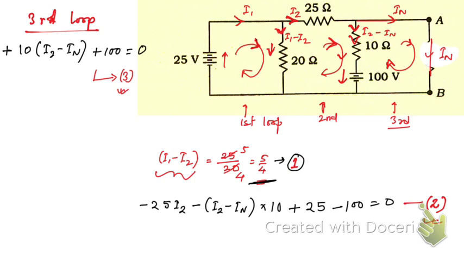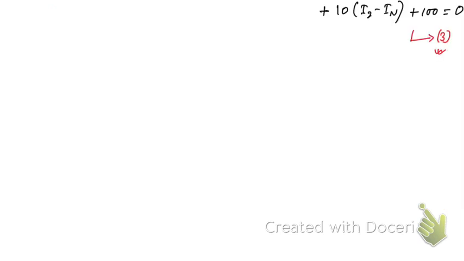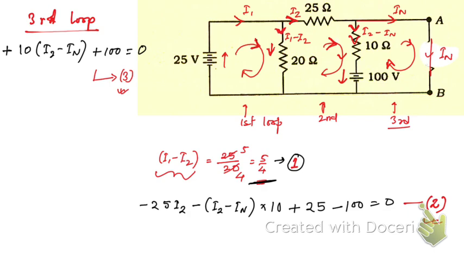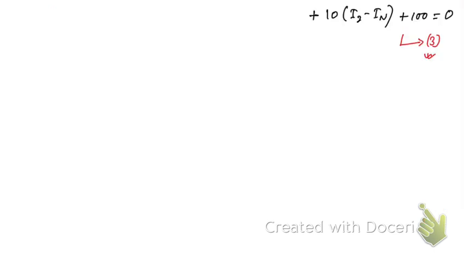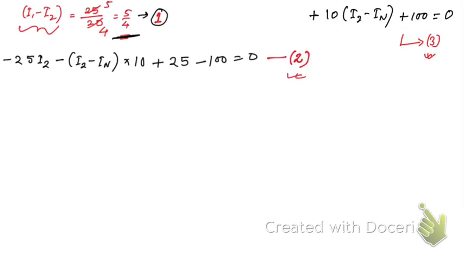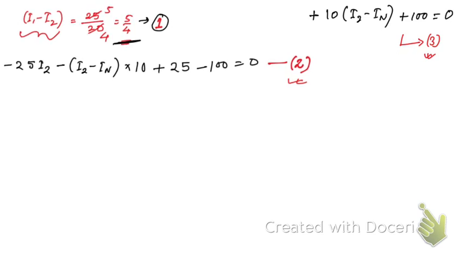Let me take a new slide. It will be better if I take a new slide. This is equation number 3, and let me write equation number 1 and 2 as well. So these are equation number 1 and 2. This is equation number 3.